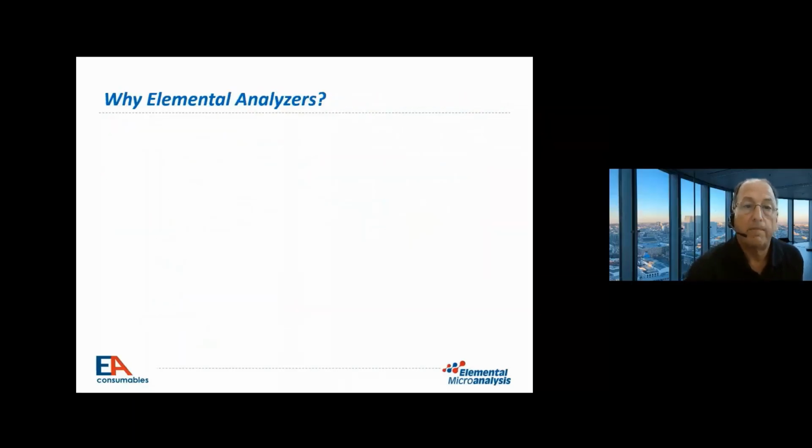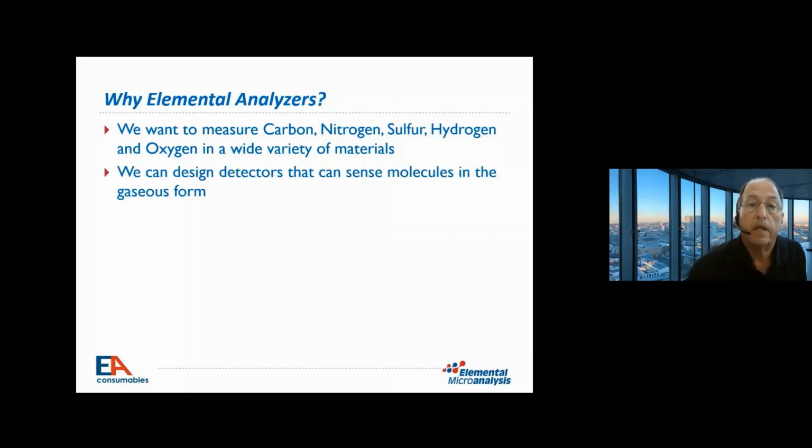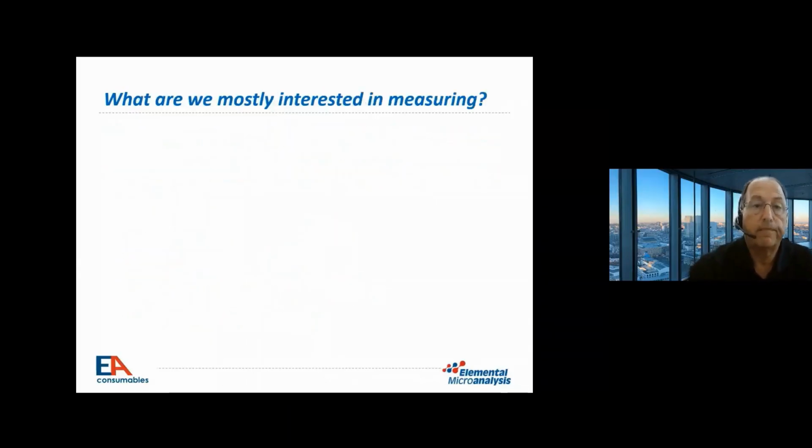So why elemental analyzers? People want to measure carbon, nitrogen, sulfur, hydrogen, oxygen in a wide variety of materials. We can design detectors that sense molecules in the gaseous form, and these tend to be carbon dioxide, nitrogen, sulfur dioxide, hydrogen, and carbon monoxide.